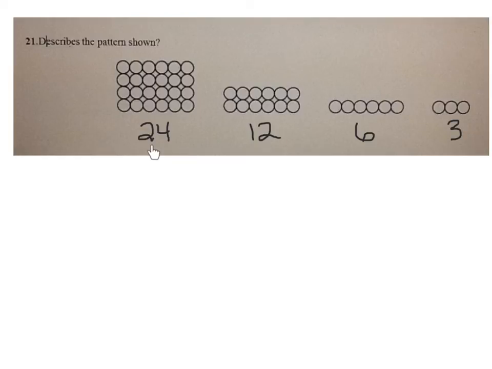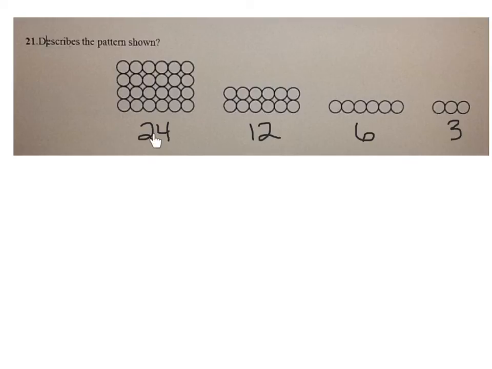So we're going from 24 down to 12, down to 6, down to 3. So think about it. If we subtract 24 and 12, I get a difference of 12. But yet, if I do the difference over here, I get 6. So I know it's not going to be going down by the same amount by subtracting. I need to look at maybe another relationship between these numbers.